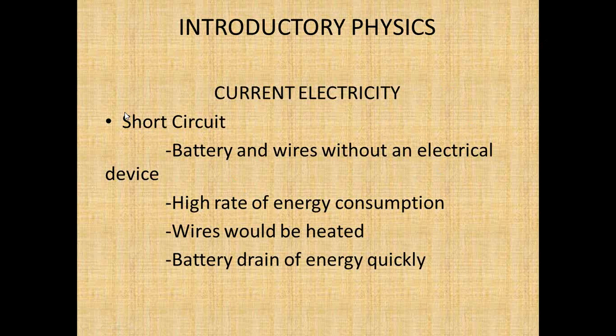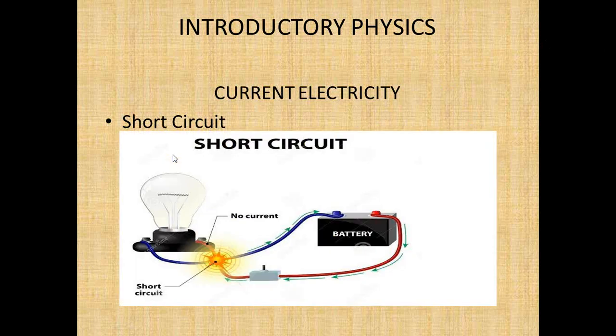So this is the definition for short circuit, and we'll go over it again, so don't worry about it. So here you have a power source, a battery, the positive terminal, the negative terminal, and you exclude the load.